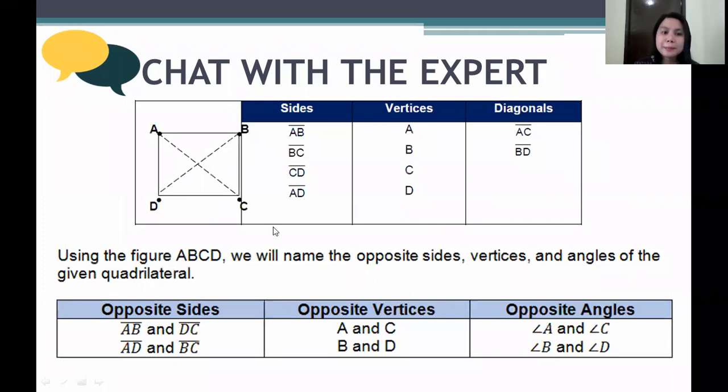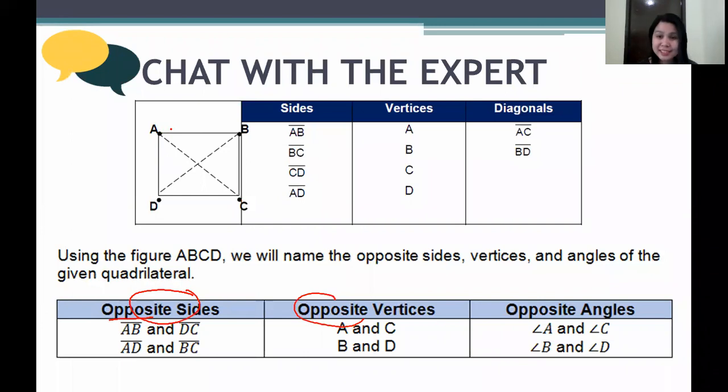Now, based on our figure ABCD, we will name opposite sides. Opposite means across, right? So AB is opposite with DC. AD is opposite with BC. Next, opposite vertices.